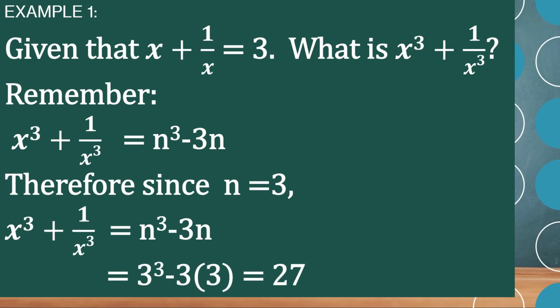Therefore, we already know that n is equal to 3. Therefore, we substitute n is equal to 3, and we have 3 raised to power 3 minus 3 times 3, which is 27 minus 9, and that gives us 18. So the answer to x raised to power 3 plus 1 over x raised to power 3 is equal to 18, given that x plus 1 over x is equal to 3.